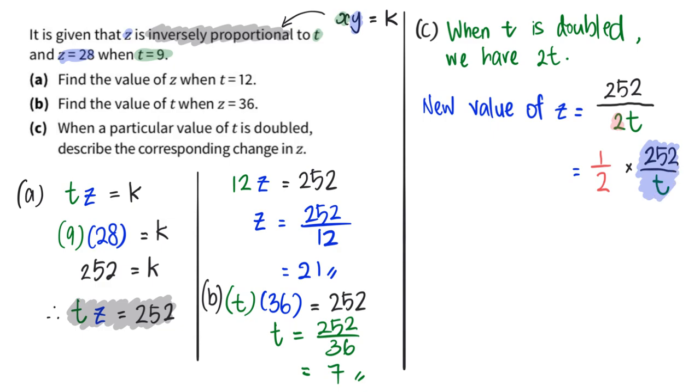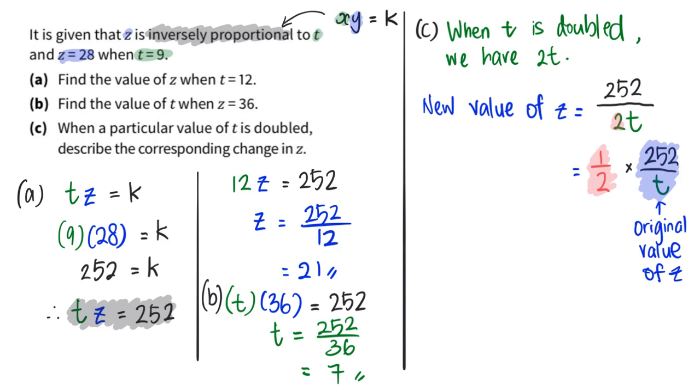Because this 252 divided by T happens to be my original value of Z, right? And from this, we could then deduce that every time we double the T, Z will be half its value.